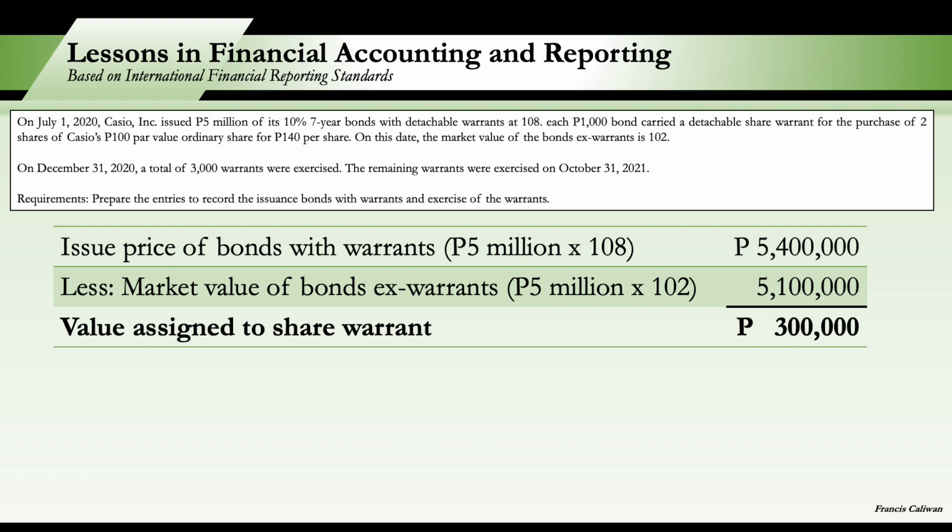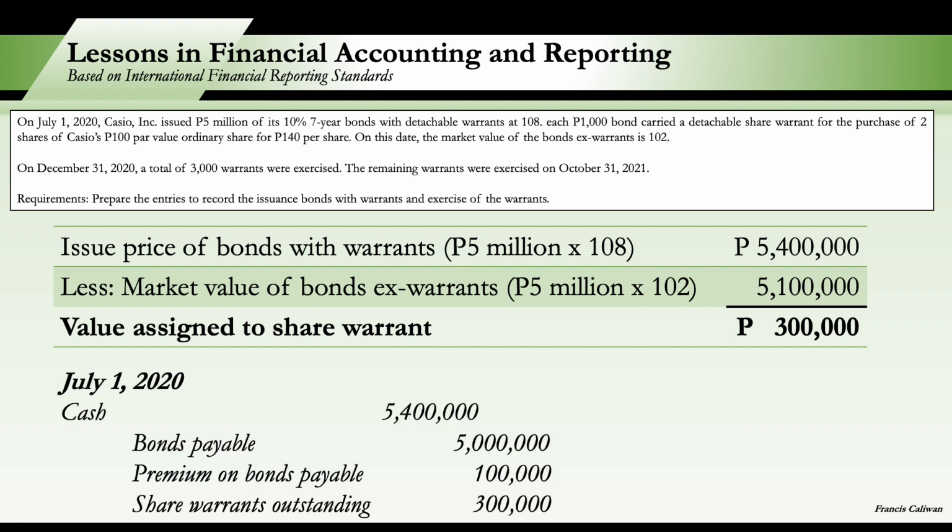So what is our entry? Debit cash for the issue price, which is 5,400,000. Credit bonds payable of 5 million. Credit premium on bonds payable of 100,000, and the share warrants outstanding of 300,000. By the way, mayroon tayong shortcut dyan ha. The share warrants outstanding of 300,000 will be used to purchase how many shares again? 10,000 shares.